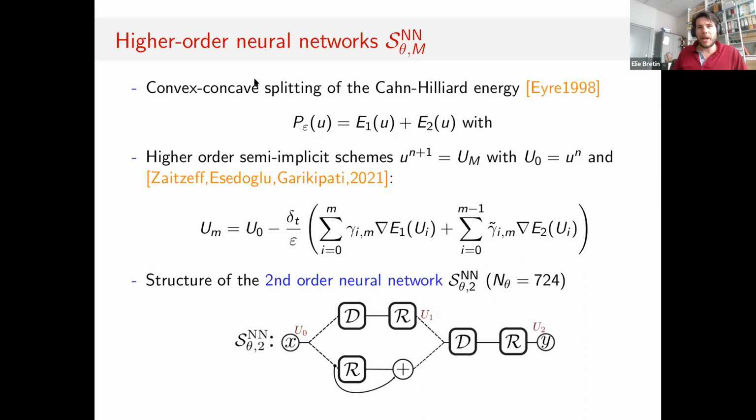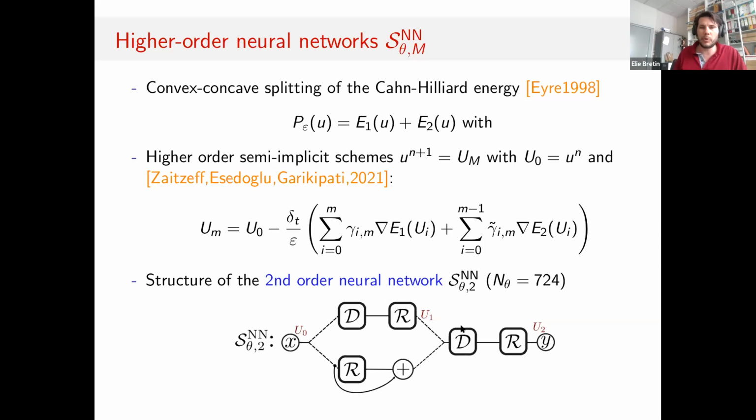We can also consider some higher order neural network, and we are inspired by recent work with Elie, which proposes to generalize the splitting method. And if you apply this kind of scheme with m equal to 2, we can see that it corresponds to considering this neural network where you only need to apply 2 diffusion neurons and 3 reaction neurons.